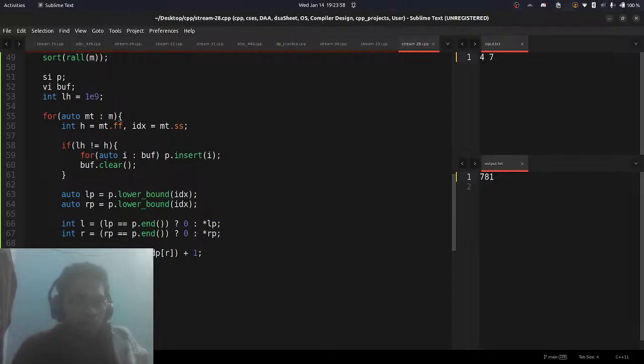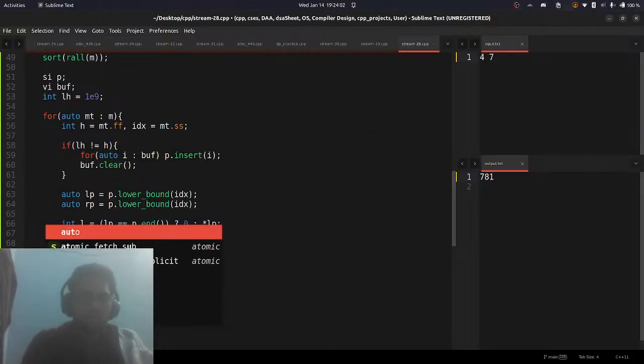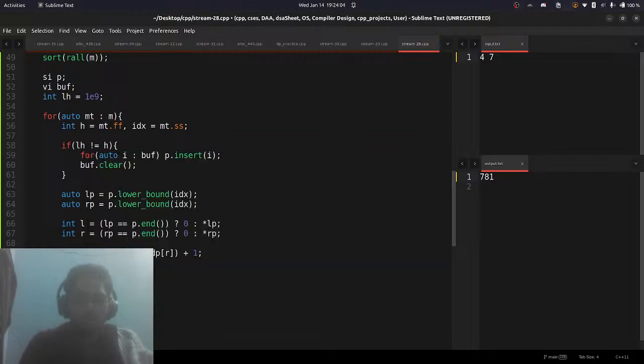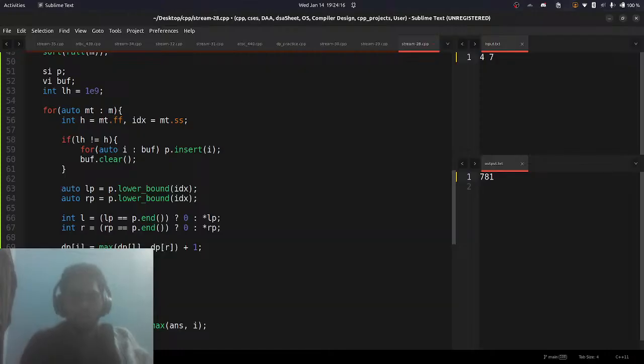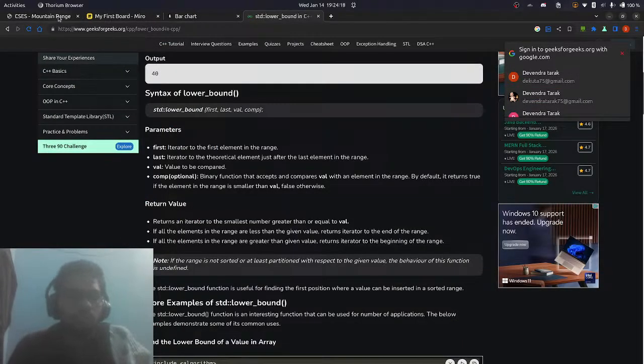Save, and the answer is basically the maximum out of all the values in dp, and we'll print that. Okay, I'm done.